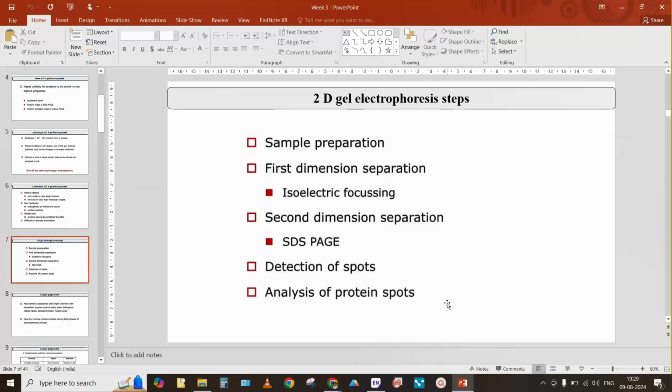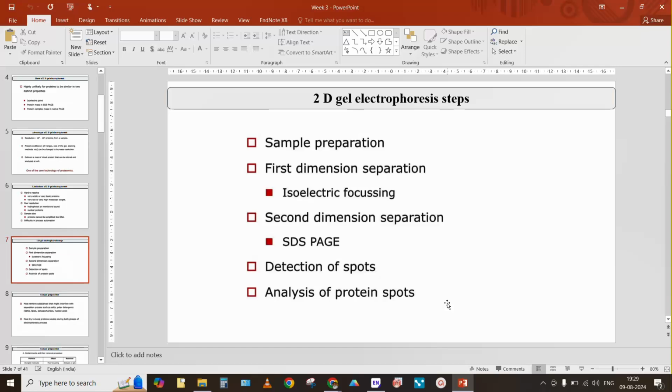The IPG strip has a pH gradient immobilized in a gel matrix. The rehydrated IPG strips with the protein samples are placed in an isoelectric focusing device. Thereafter an electric field is applied, causing proteins to migrate along the pH gradient until they reach the point where their net charge is zero. At this point, they stop moving and focus into sharp bands.